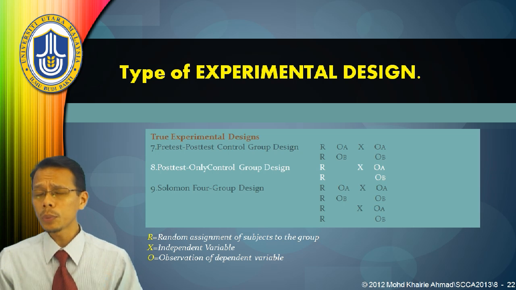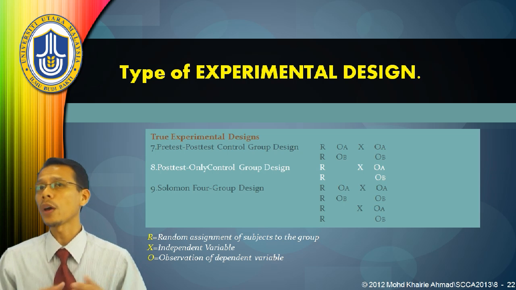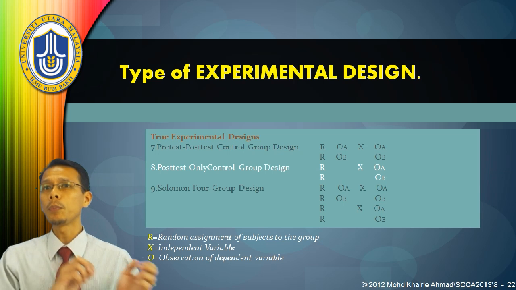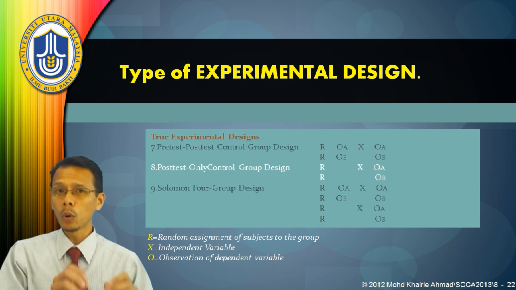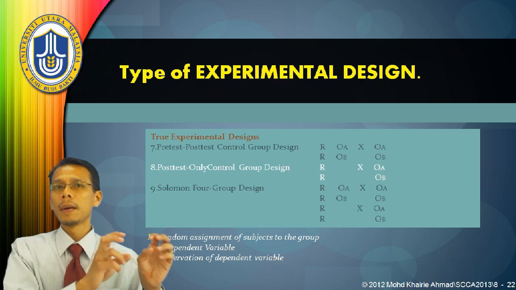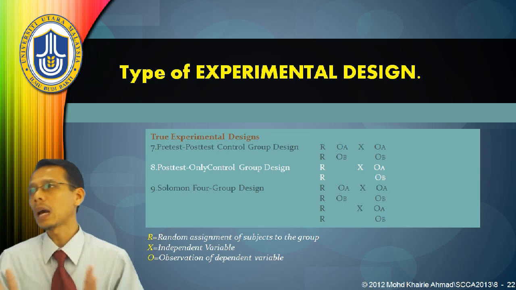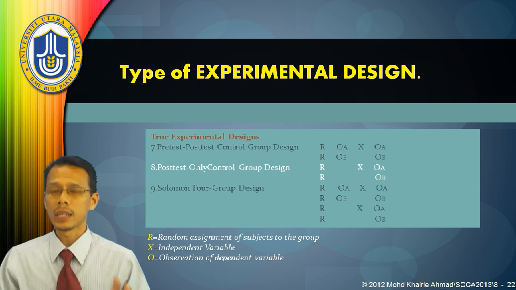This is a combination of pre-test, post-test and post-test only control, meaning we have 4 groups. Of these 4 groups, 2 groups will be imposed with the independent variable, and one group that is imposed with it will be tested before and after. So altogether, there are 9 types of experimental design.